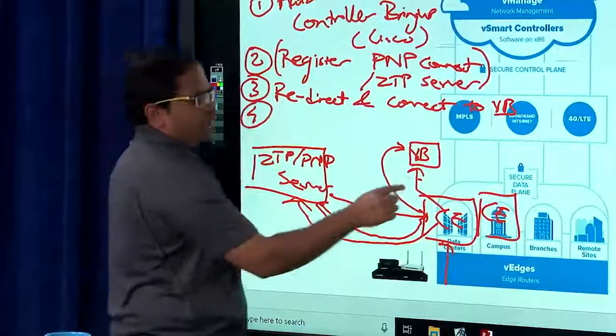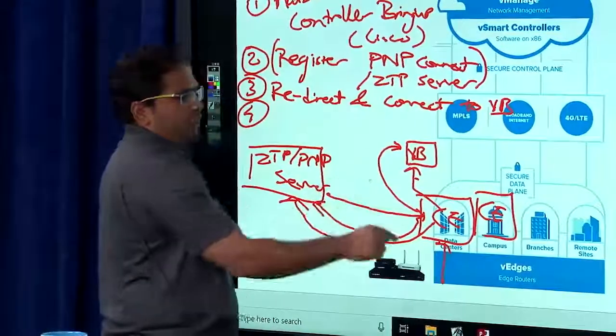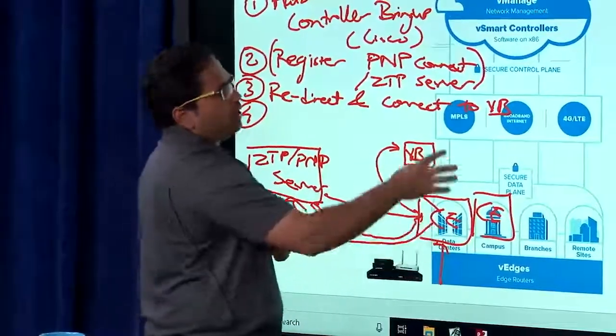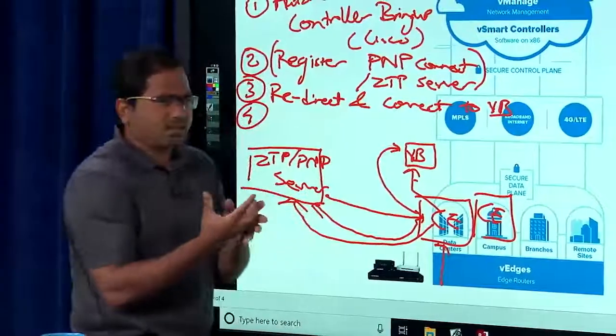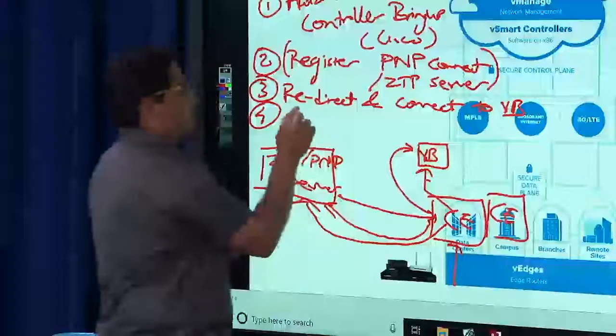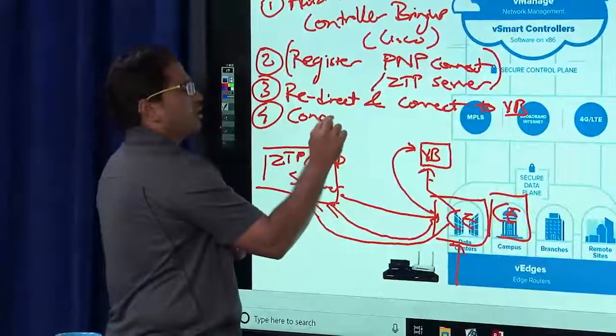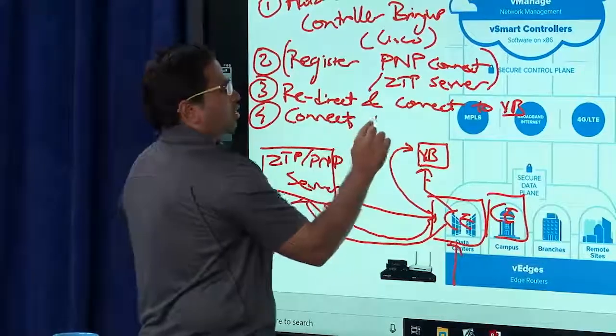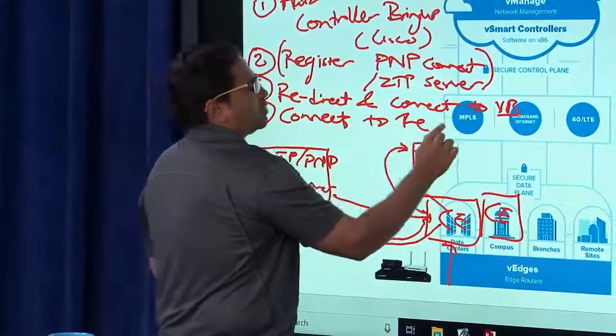The vBond provides information over an ephemeral channel to the edge about the controllers and the NMS device in the network. The edge device then connects to the controllers.